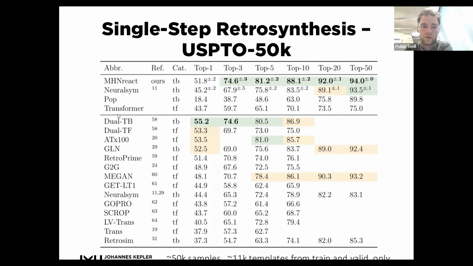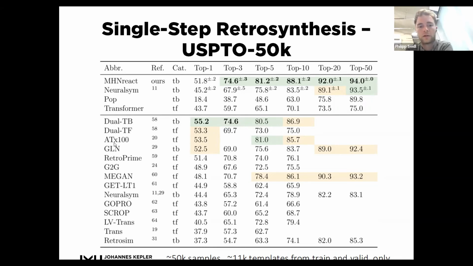And for example, if we talk about dual TB, what they are doing is they have this energy-based model on top, and they are doing re-ranking on the outcomes that have been produced by templates in this template-based setting. So with this re-ranking model, in the top 3 setting, we're as good as they are with their re-ranking method, which is really, really cool.